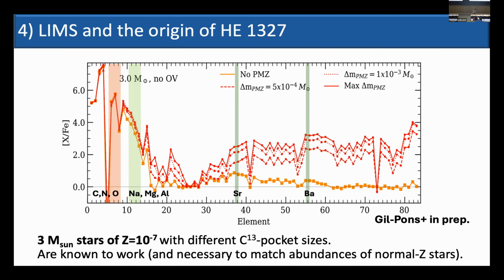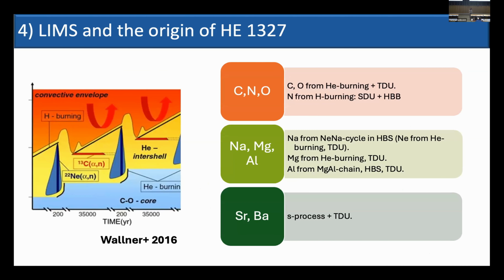So we went through the nucleosynthesis with different carbon-13 pockets, and we compared our results to this star. I will show that later. So anyway, we could get the CNO that we wanted: carbon and oxygen, especially carbon, very little oxygen from the third dredge-up, nitrogen from the second dredge-up, and then hot bottom burning, which appears somewhere in the advanced TP-AGB evolution, not from the beginning, but it does appear.